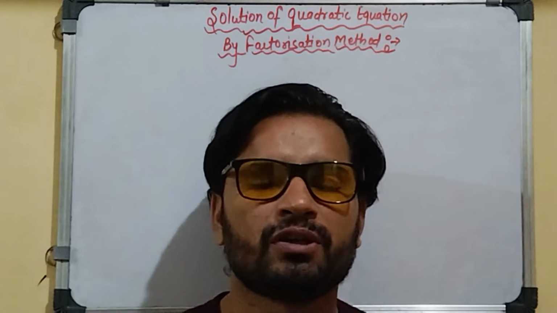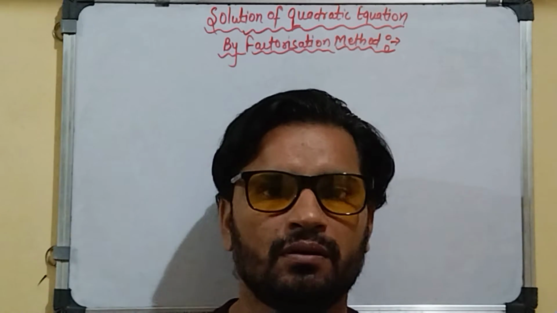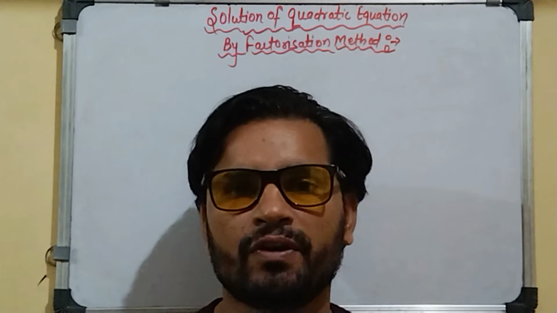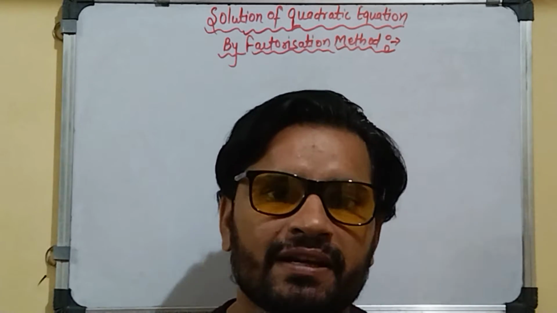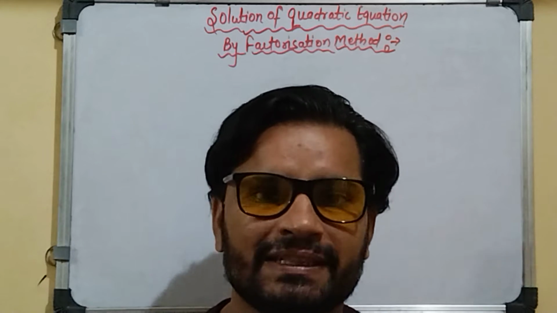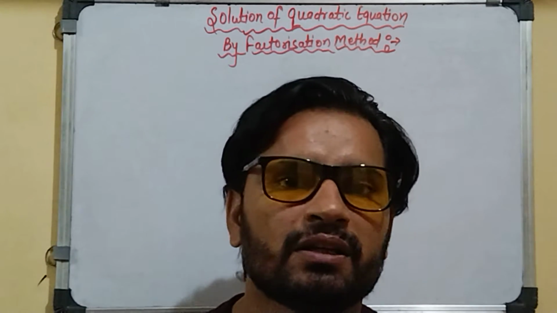So today I'm going to discuss the most important topic, okay? That is the solving of quadratic equations. Before starting the topic, first of all we will discuss how to find the zeros of a quadratic polynomial.